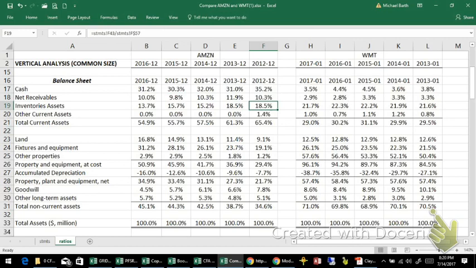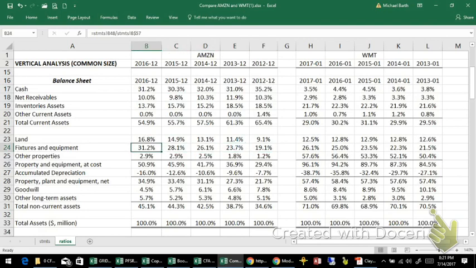Inventory as a proportion of assets has actually gotten a little smaller, and total current assets have declined somewhat. Notice that the land as a percentage of assets has almost doubled over this period of time, and fixtures and equipment has increased.